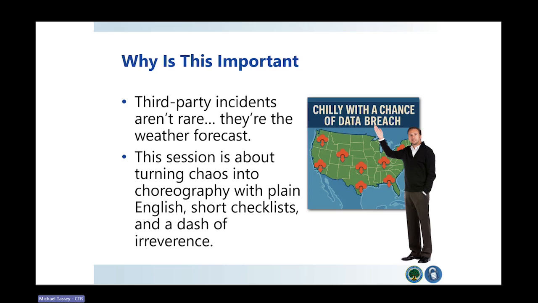This session today is about how you prepare for, handle, and recover from incidents that may not even be happening at your school. We all have vendors and partner systems that are either interconnected with our own or that process our data by themselves. We worry a lot about what happens when the incident involves our technology, but what happens when it's not our systems, but it's still our data?